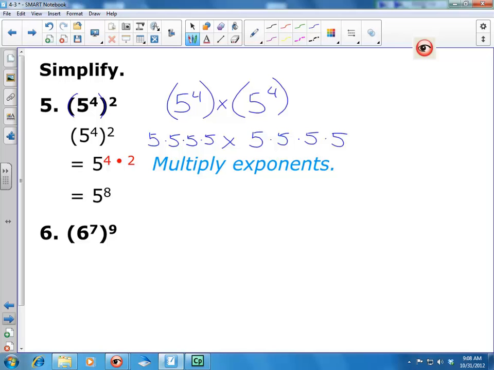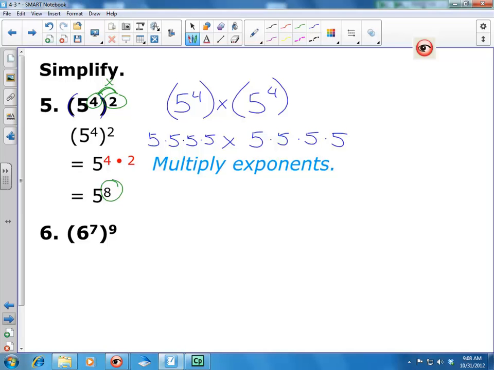We know that our base is 5, and we have eight 5s, so that's going to be 5 to the 8th power. But an easier way to do that is to simply multiply my exponents here. 4 times 2 gives us our 8 right there. Now, remember, you multiply when you're dealing with a power raised to a power. Remember the other way we add, but this way we are multiplying.